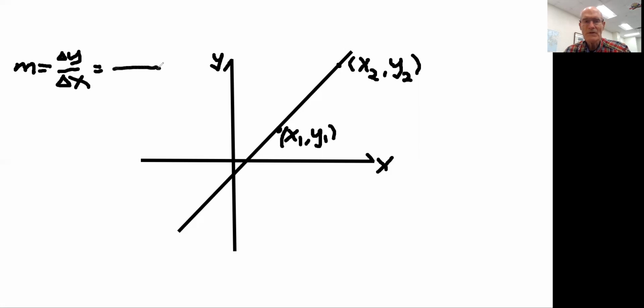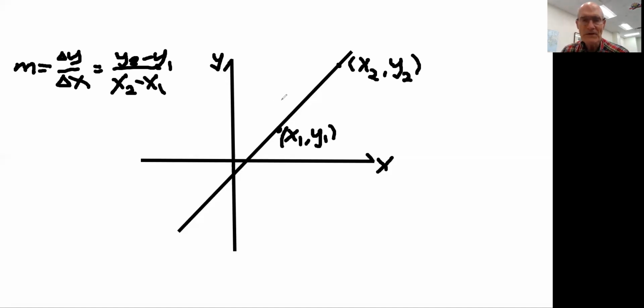So that would equal the change in y, which would be y2 minus y1, and the change in x would be x2 minus x1. So that's the formula for the slope of a line.